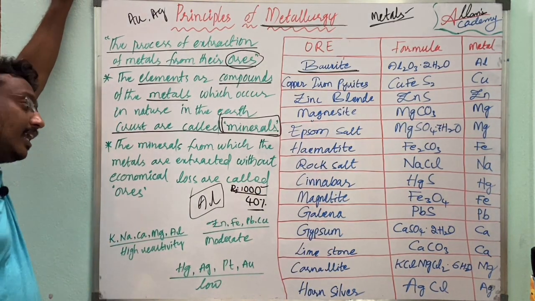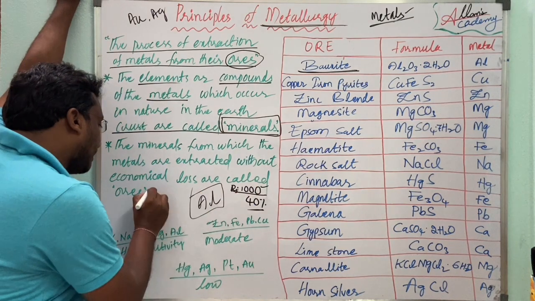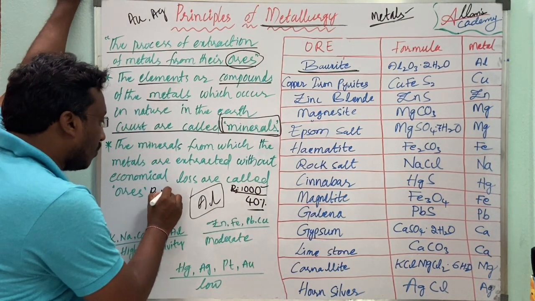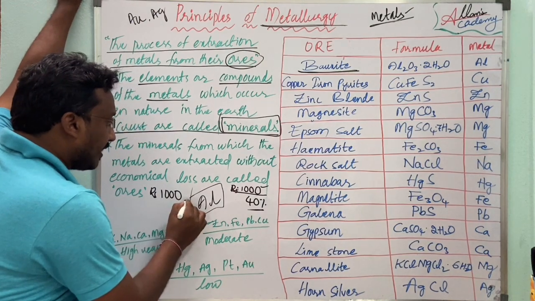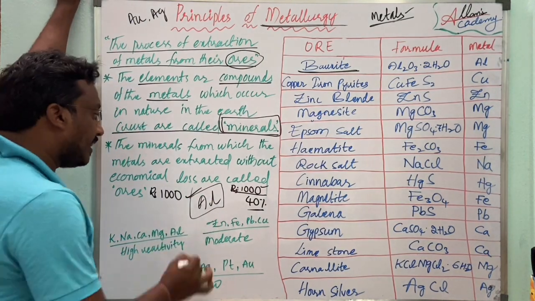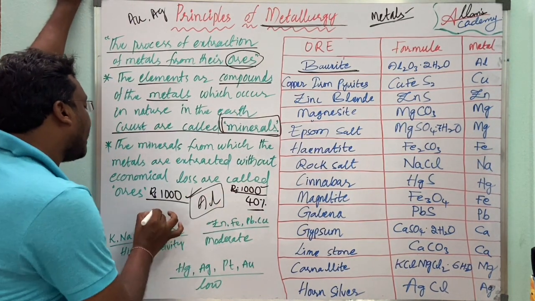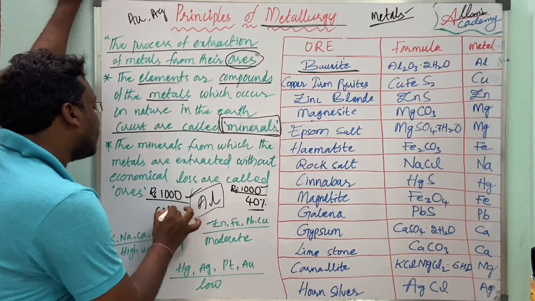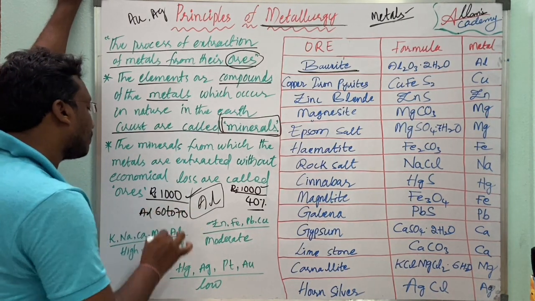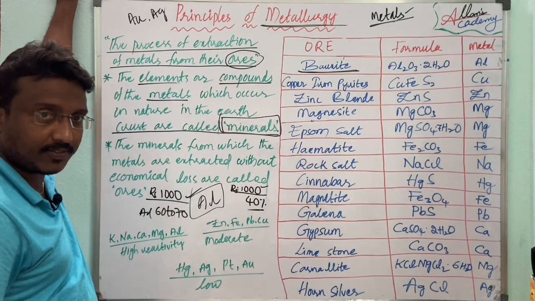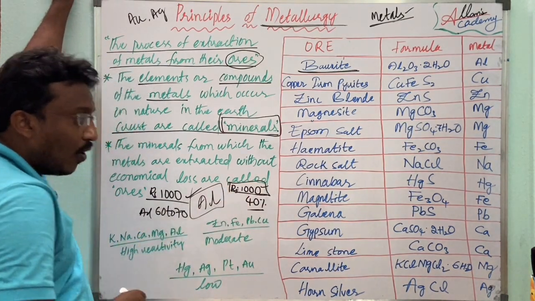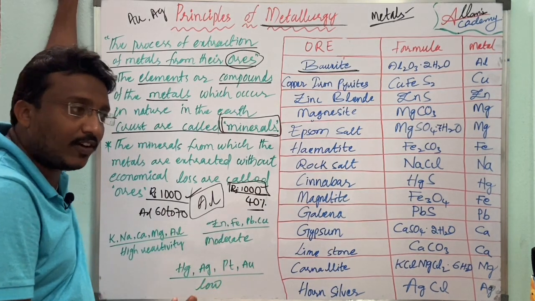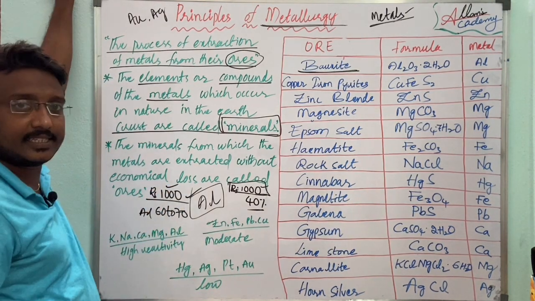The next time I spend the same amount, 1,000 rupees, on another mineral to get the aluminum. From that mineral I get 60 to 70% of aluminum. See here, we get more quantity of aluminum in the second case.